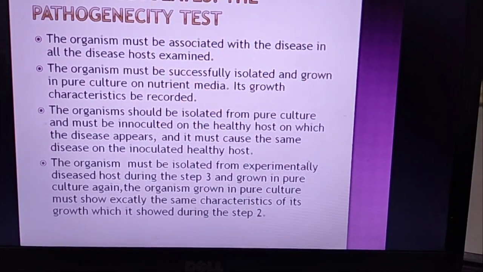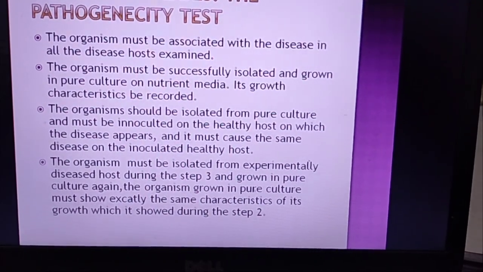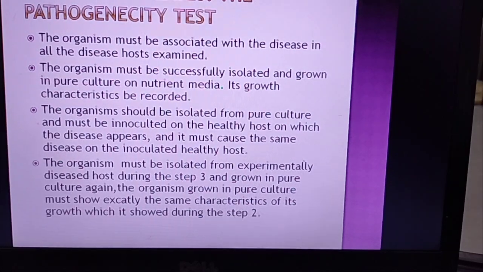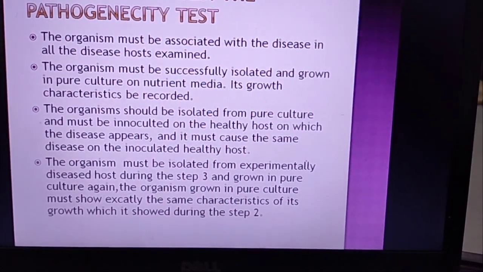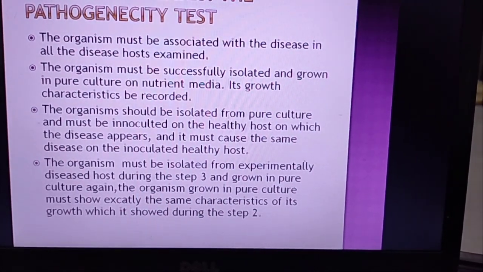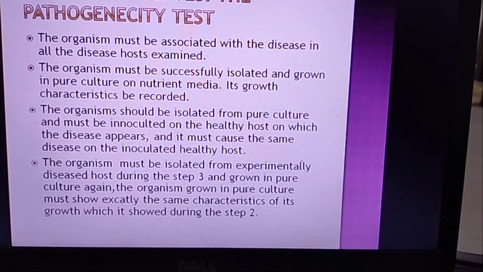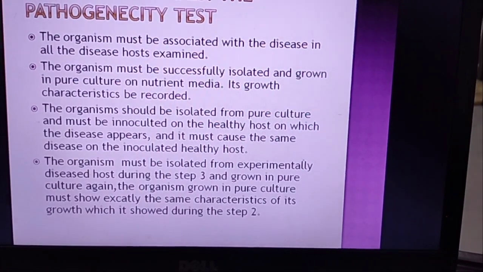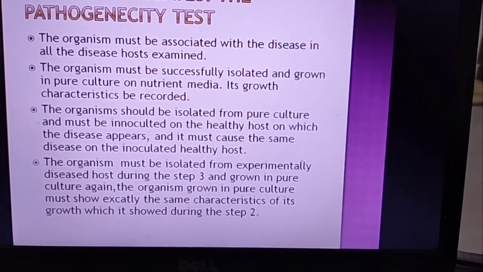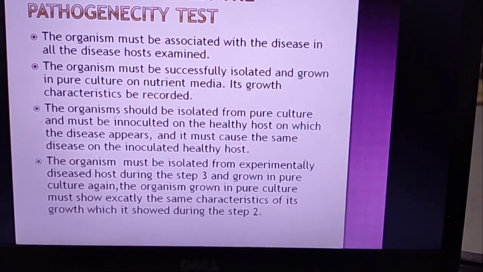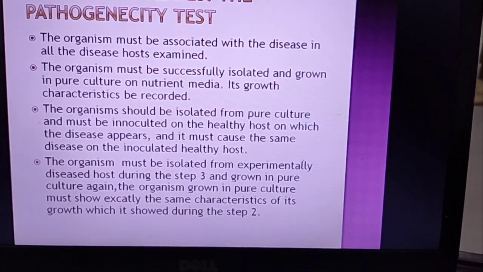The organism should cause the same disease in the inoculated healthy host. Now if we are growing it in pure culture, it must be taken from there and inoculated into the healthy host in which it should be able to show the disease.